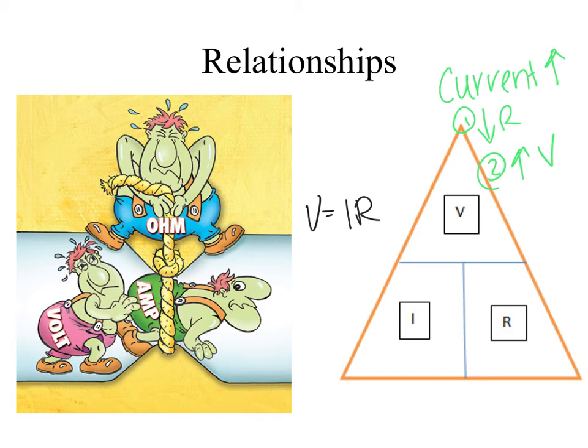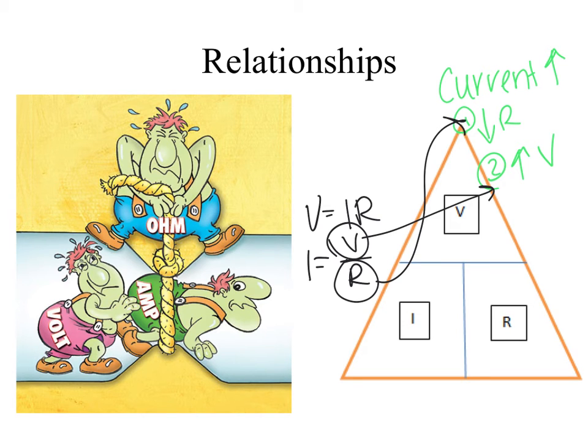If I want to solve that specifically for I, I equals what? V over R. Well, that makes sense. V is on top of my fraction. If I put a big number on top of the fraction, it gives me a big number when I divide it. So that makes sense. That's a direct relationship. I'm dividing by the resistance, though. If I divide by a really big number, it gives me an itty-bitty number, right? So that makes sense. It's an indirect relationship. They do the opposites of each other, okay?